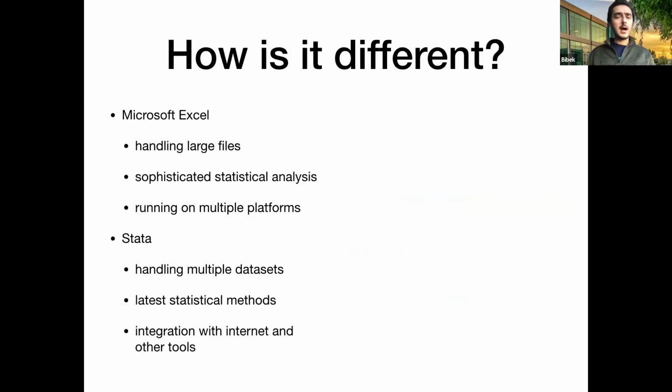Now, why R and how is it different from other things? R is not the only thing you can use for doing statistical analysis and also for doing bioinformatics. For sure, you can use several commercial, proprietary, and also open source tools. I'm trying to give a very high level summary here of some of the tools that we have. The most familiar to all of us is Microsoft Excel.